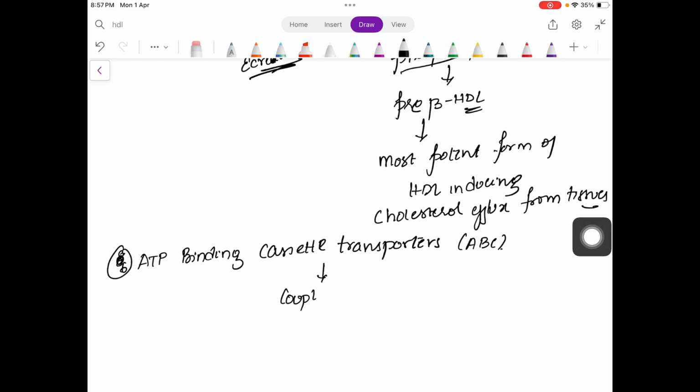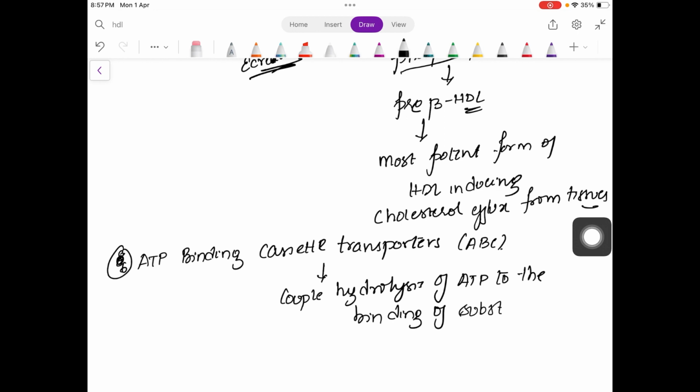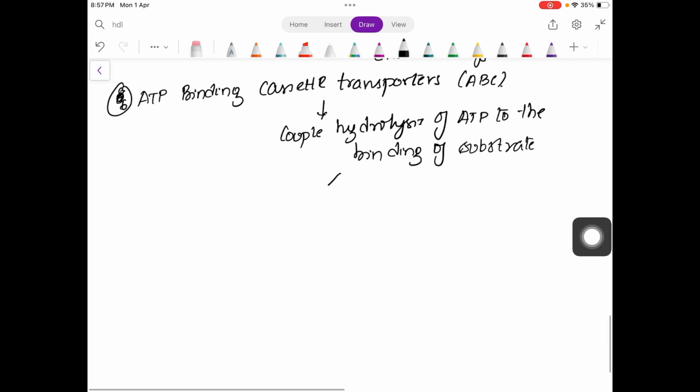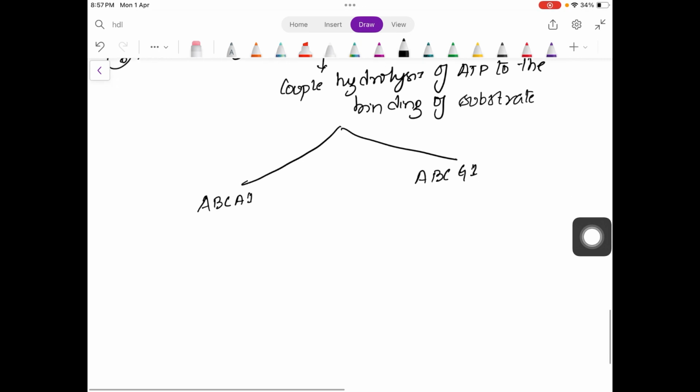They will couple hydrolysis of ATP to the binding of substrate to transporter. And these ATP binding cassette proteins are of two types, ABC-A1 and ABC-G1.